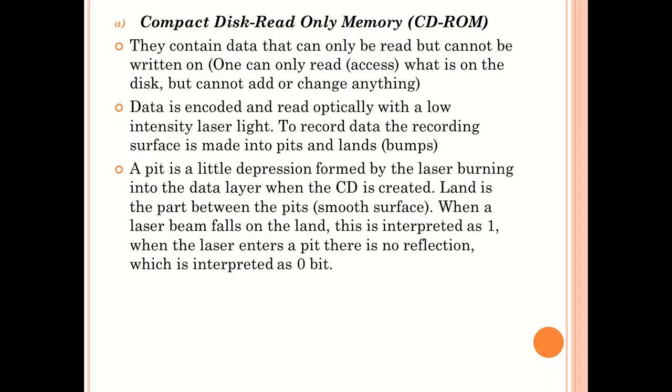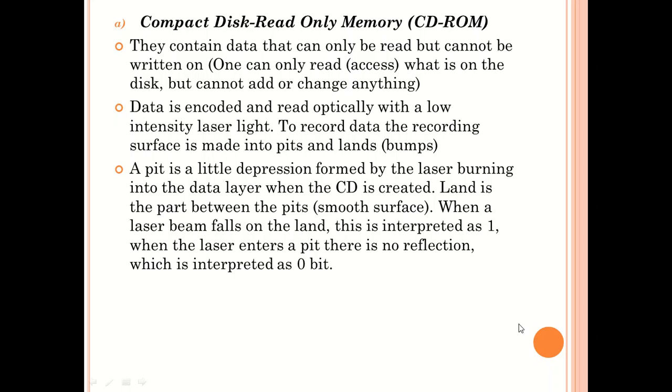Now this data is stored in what we call pits. Pits, basically in this case, are little depressions formed by the laser burning into the data layer when the CD is created. Those pits created during the process of storage of data are where data is stored.